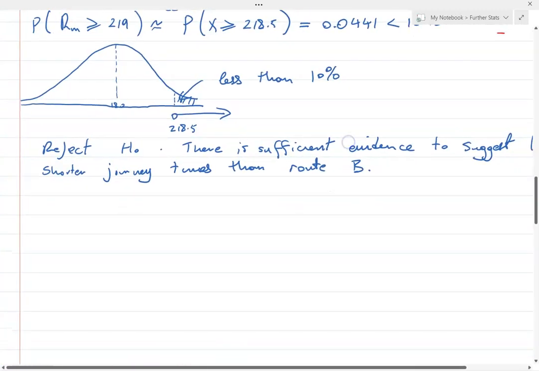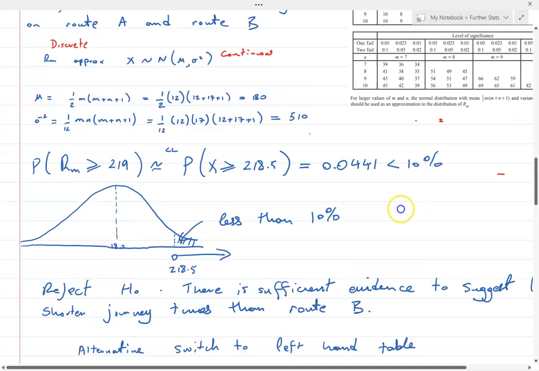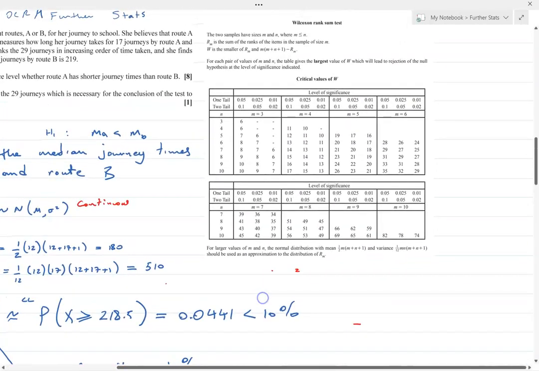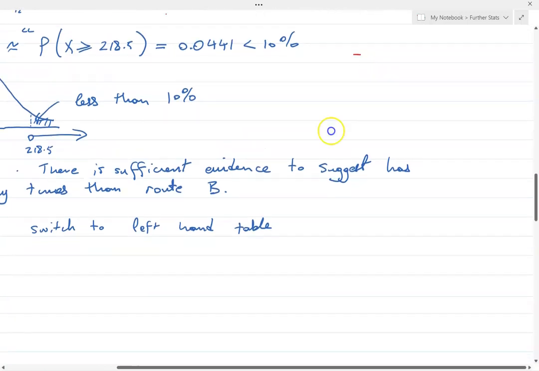But if you wanted to do it the other way, the alternative is to switch to the left-hand tail, which is what we have to do if we have larger numbers and we're using the tables. So switch to the left-hand tail and do that calculation.